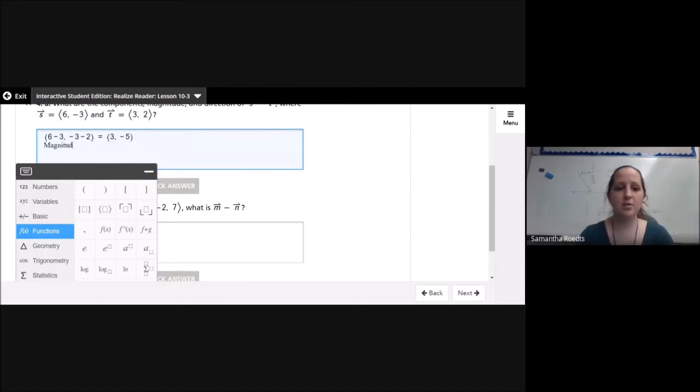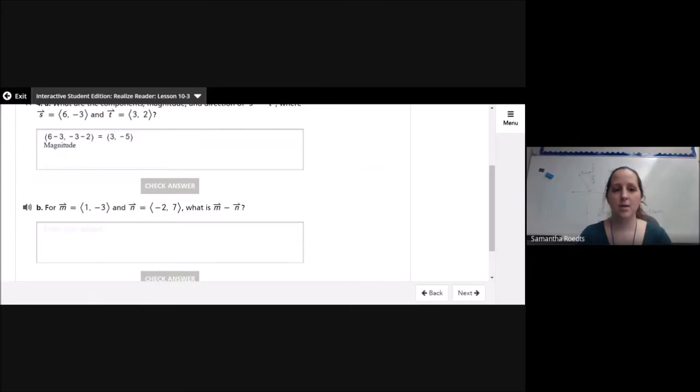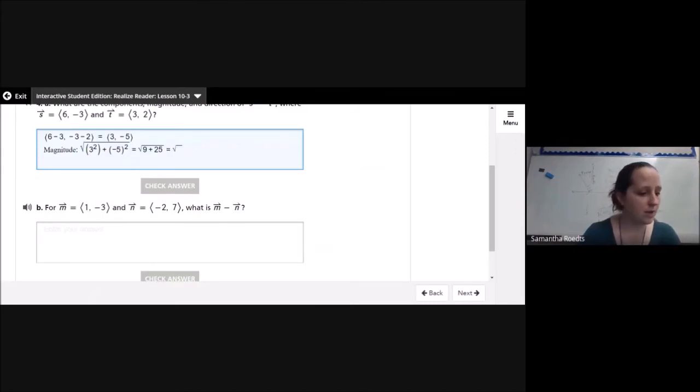Okay, the magnitude, I'm going to take the square root of 3 squared plus 5 squared, which gives me the square root of 9 plus 25, which equals the square root of 34, which is approximately 5.83.